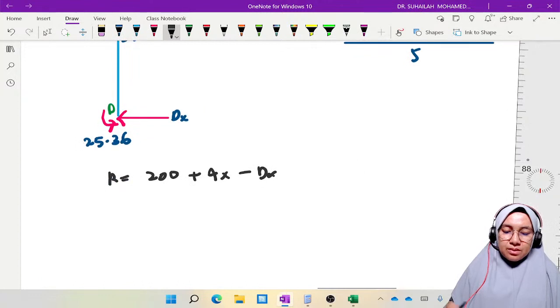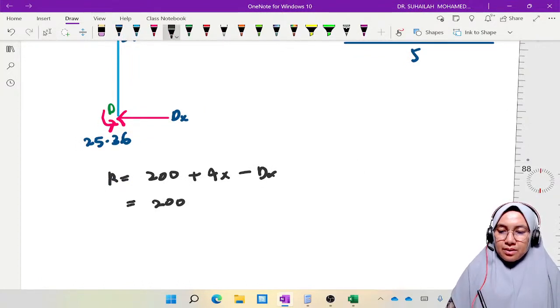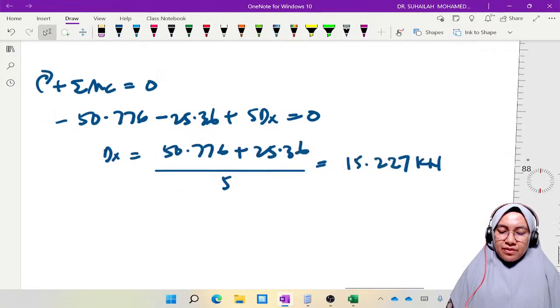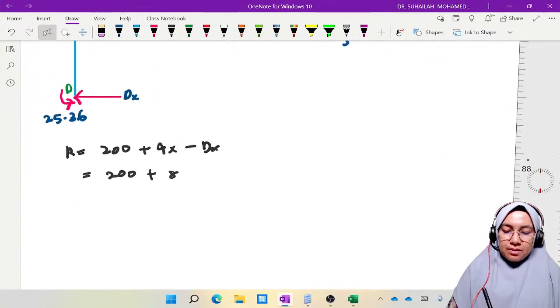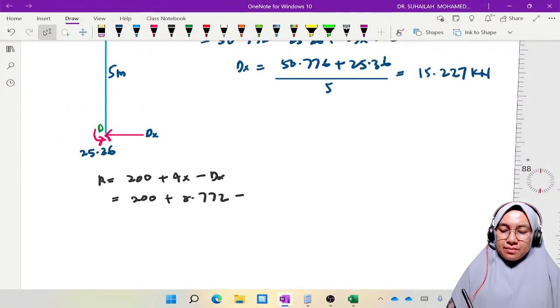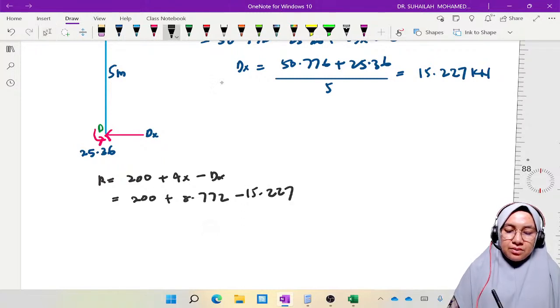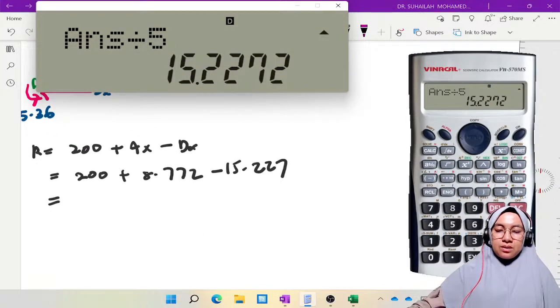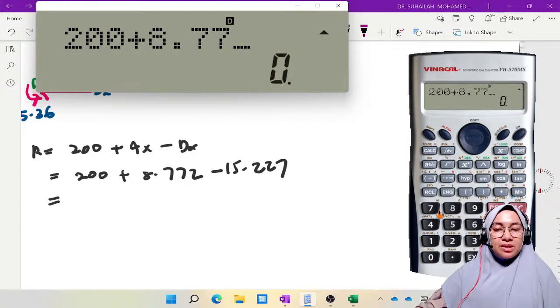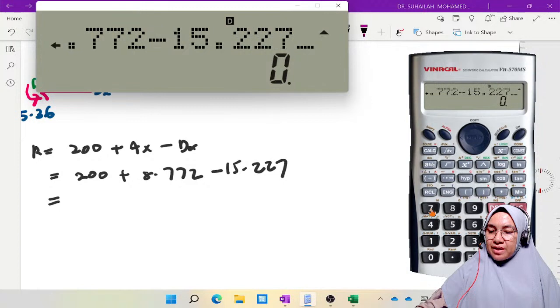So it is equal to 200 plus 8.772 minus 15.227.